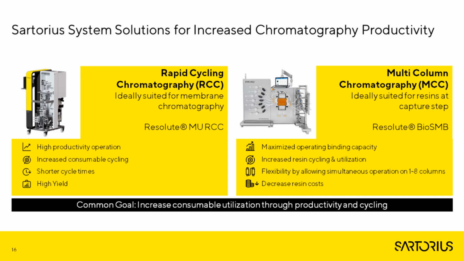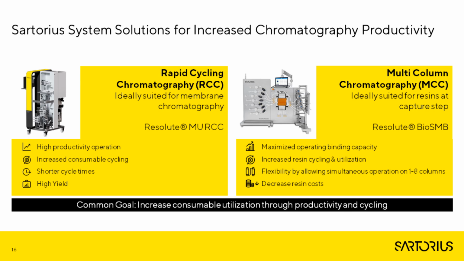On the right-hand side, you see the multi-column chromatography unit Resolute BioSMB. It features maximized operating binding capacities due to the overloading effect, increased resin cycling, and thus high resin utilization. And it has a high flexibility to allow simultaneous operation on either 1 column or on up to 8 columns.